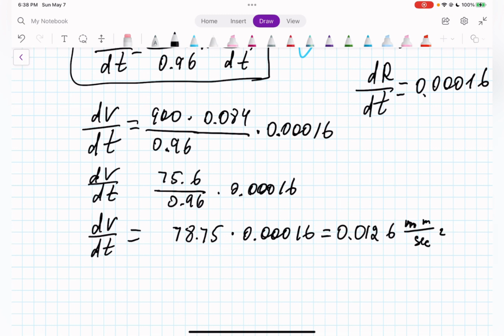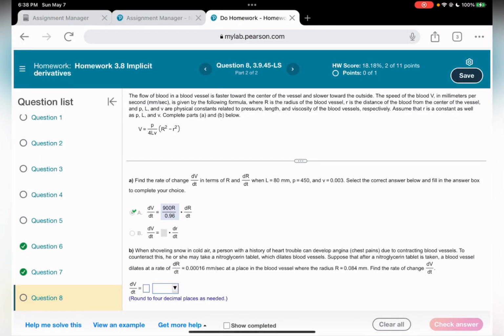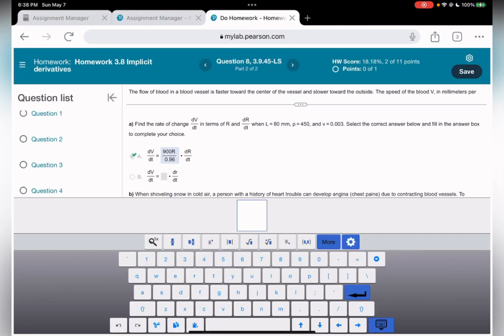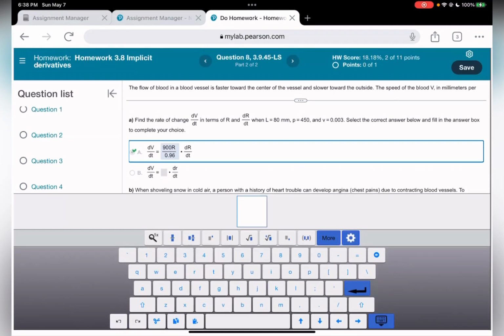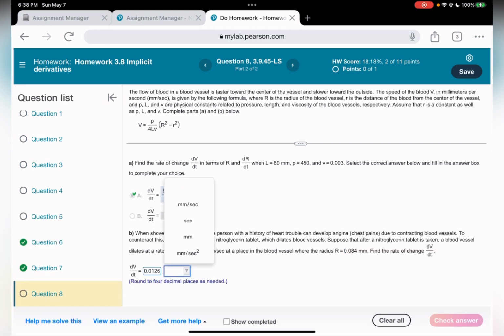Okay, so let me place the answer. 0.0126, and here is going to be millimeter per second square.